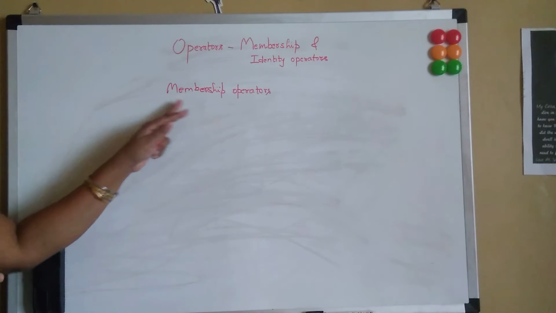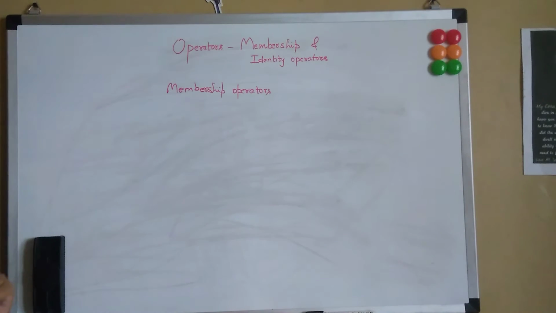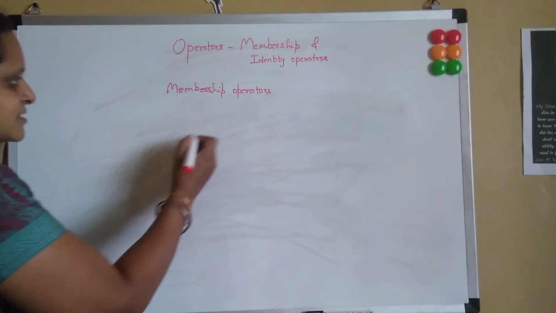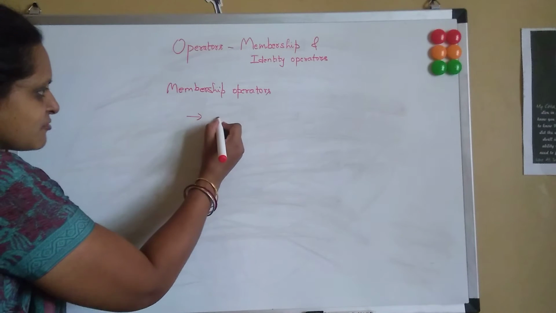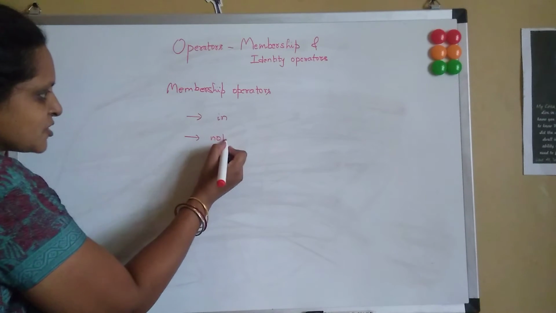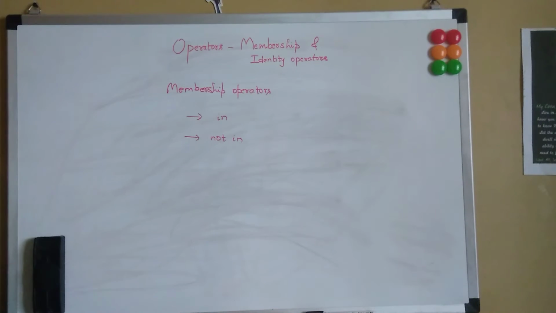If it is present in the sequence, it returns a Boolean value true, else it returns a Boolean value false. Membership operators are of two types: one is the in operator and the second one is the not in operator.